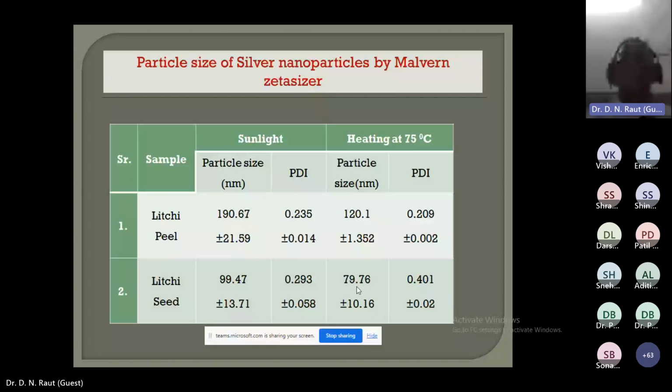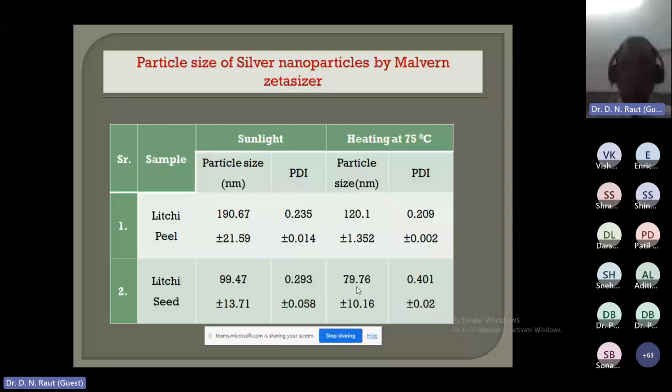Specifically, I am talking about this. And further, you can separate the nanoparticles by centrifuging again at a higher speed, around 25,000 to 30,000 RPM. Here you require a particular instrument for this process.